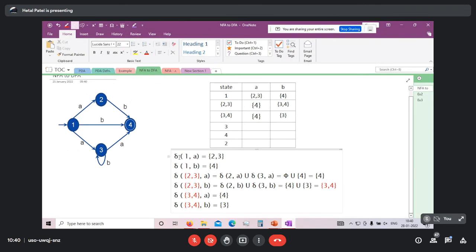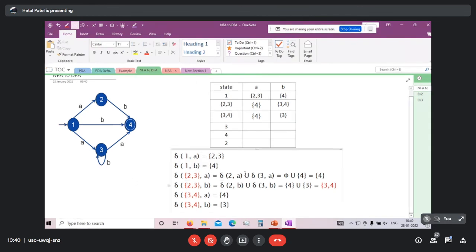So this is the way you have to write down the delta function, or else you just look at it properly in your notebook, up to 3, 4 only here. So write this down in your notebook. Then only you will get the marks. In GTU also you have to do it step by step like this, not come and directly draw.